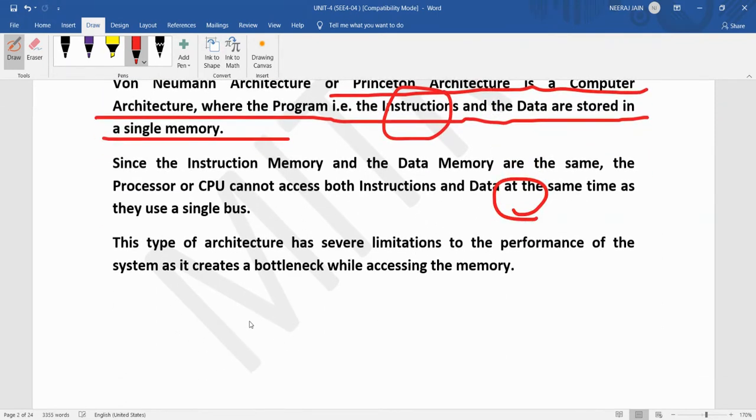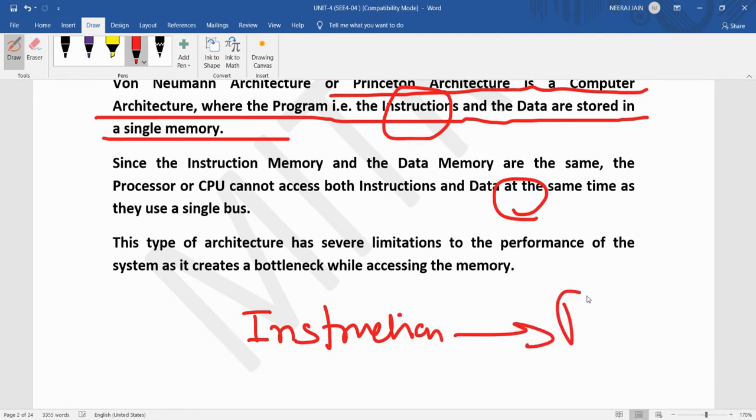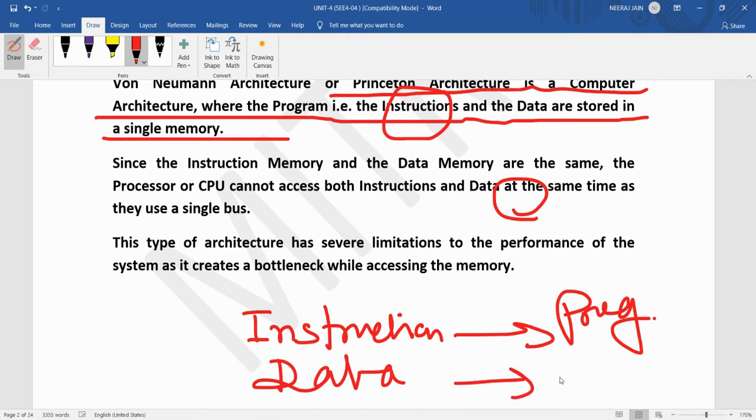There are two important things in the microcontroller. One is the instruction. Instructions means the programming steps, the program which we have made. And second is the data, that is temporary data in between the calculation and intermediate data.